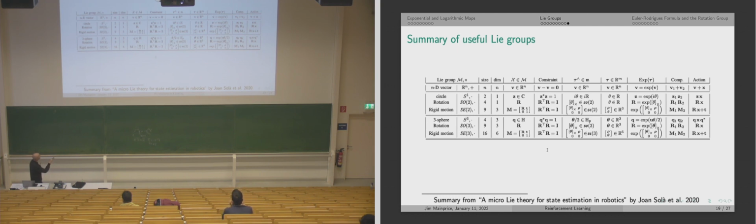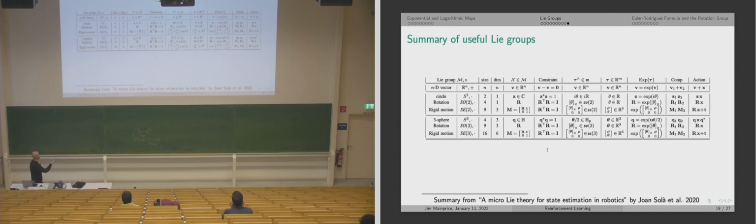There you have the group constraint, and you have the dimensions of the manifolds, and you have the exponential maps, which is basically always some kind of exponential here.